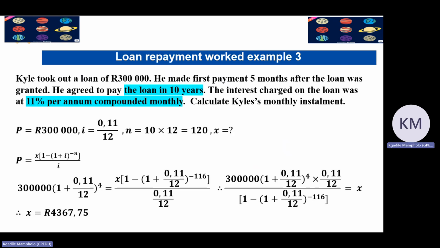Now, it means out of 120 months, it will be -4. Then this side it will be minus 116. Then you do the same thing, cross multiply, then the answer will be 4,367 rand 75 cents.